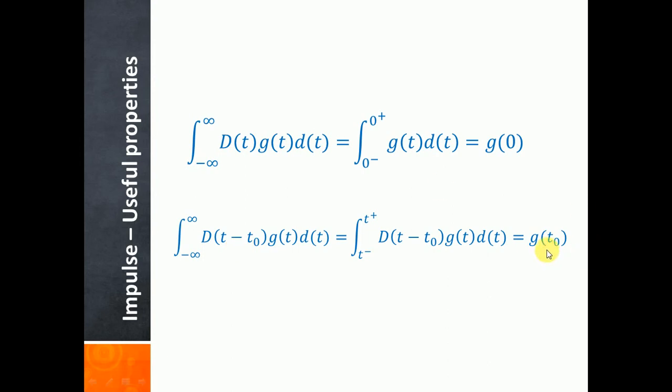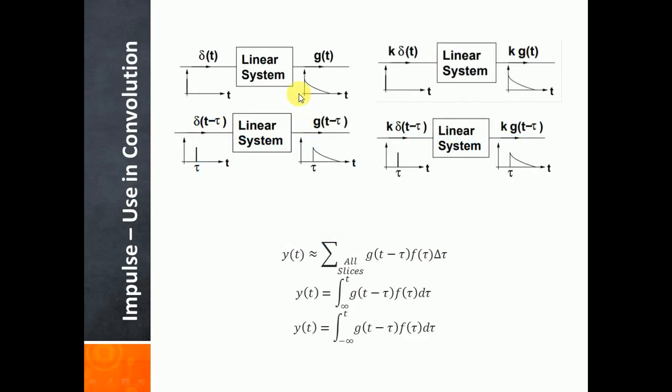So any signal can be generated by a train of impulses with different magnitudes. That's why, to know how a system behaves, it is modeled using its impulse response. If you increase the magnitude of the impulse by a constant k, the output also increases by the same constant. This makes it a linear system.